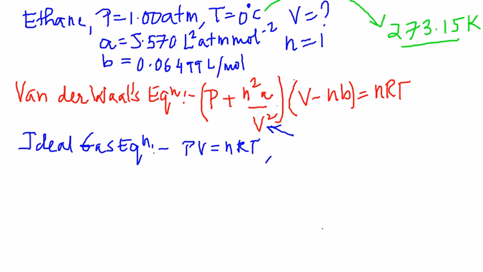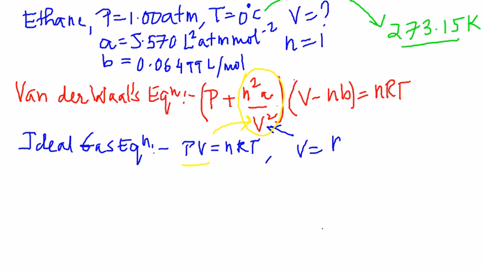Let me show you which term I'm talking about. This one out here, it's pretty small. So it's not going to affect our calculations as much. Okay, so we're going to substitute the value of V from the ideal gas equation and put it into this.